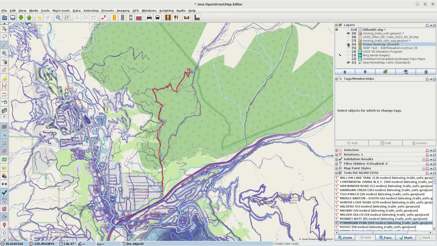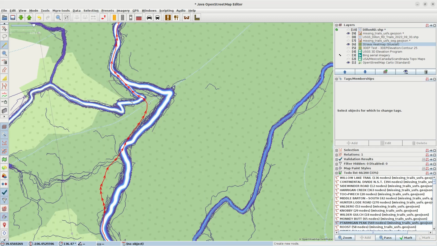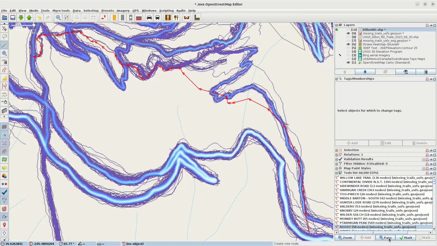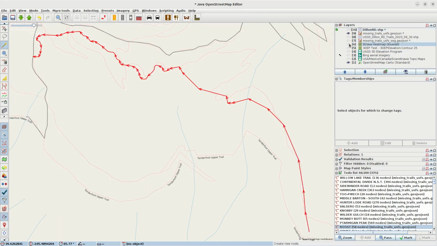This is the Ptarmigan Peak Trail. And you see there's a discrepancy here of 330 feet. Again, I'll put on the USGS, and it has about the same, not exactly, but about the same alignment. This is the Roost Trail, and this is another case where it's really hard to tell what they're talking about.